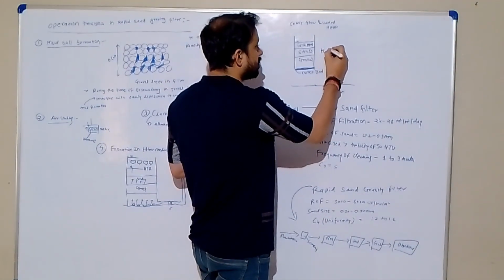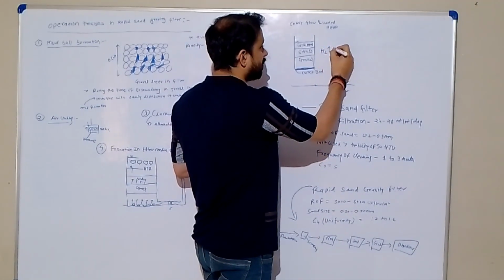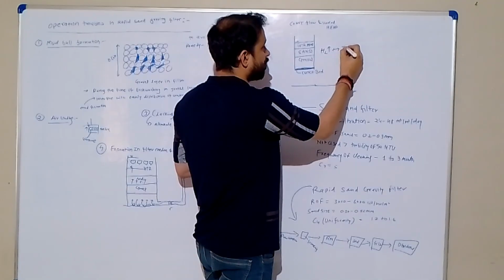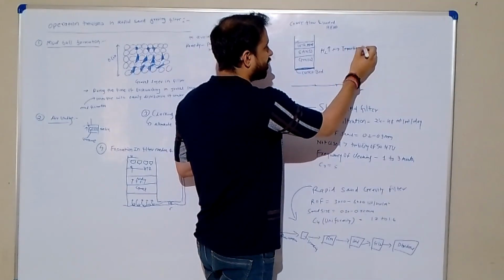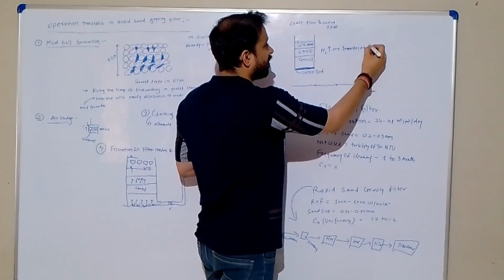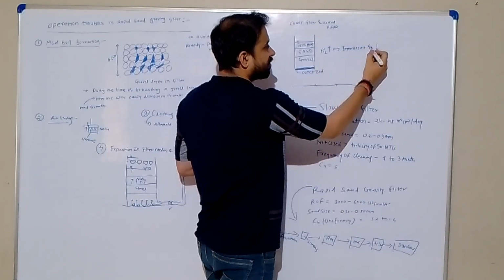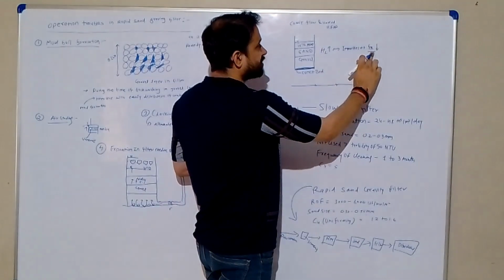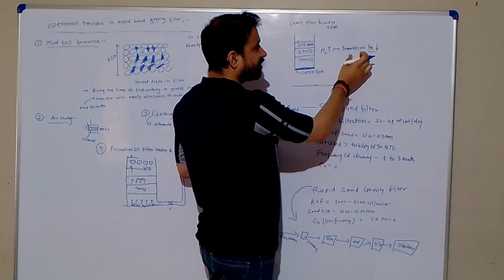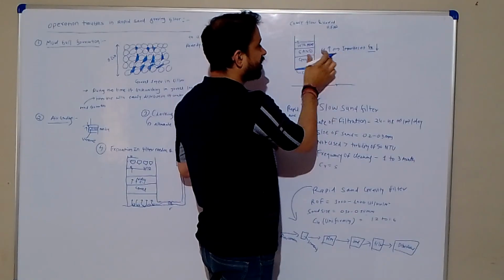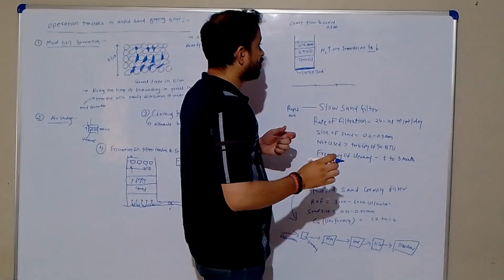So head loss is increased due to the impurities, and the rate of filtration is decreased. The head loss increases due to the impurities which get entrapped between the sand layers.